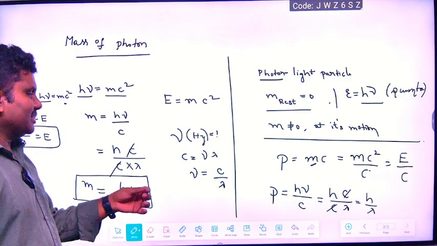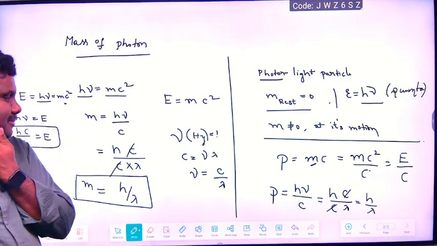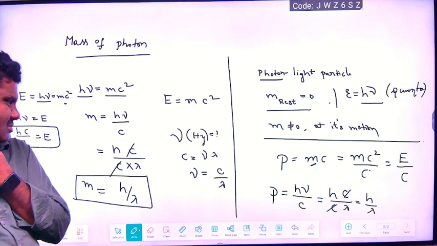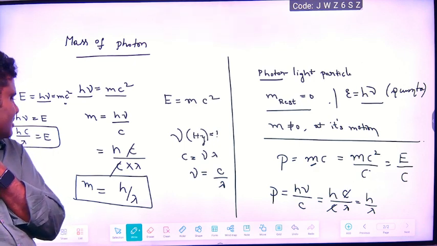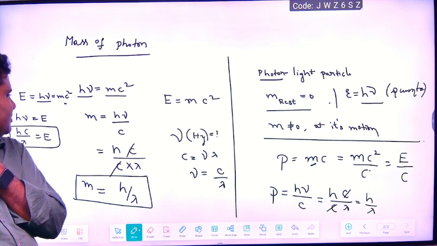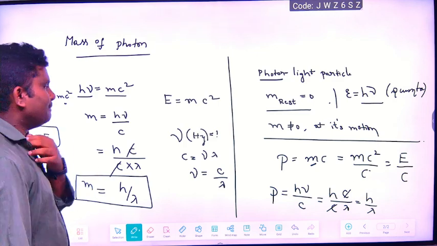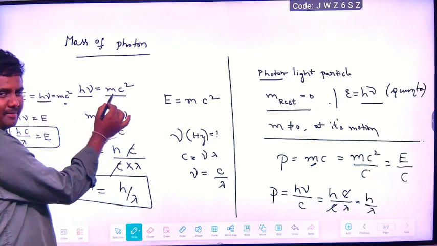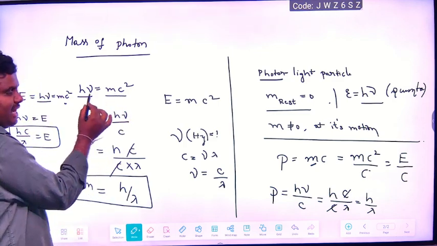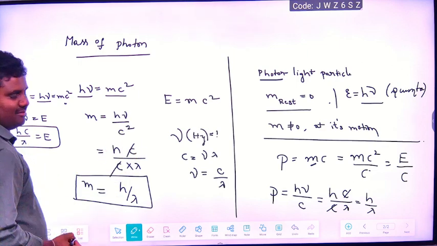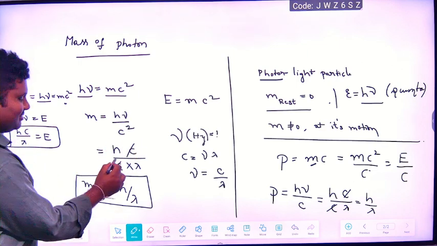So here also h by lambda. M is equal to what? h mu by c square. I missed one c, it is c square.